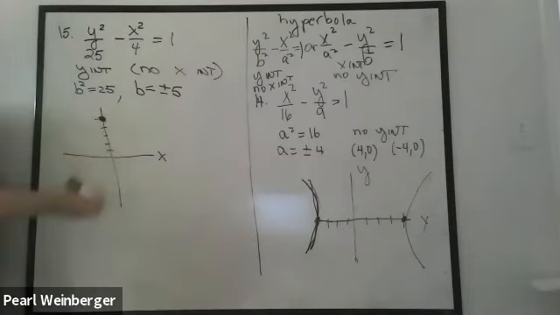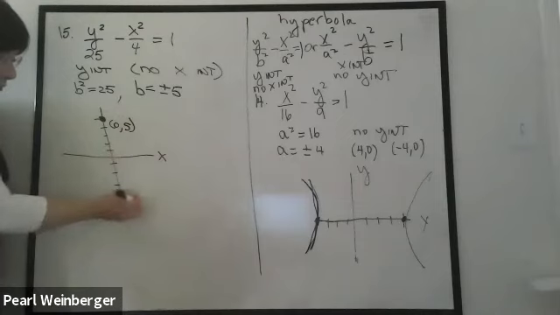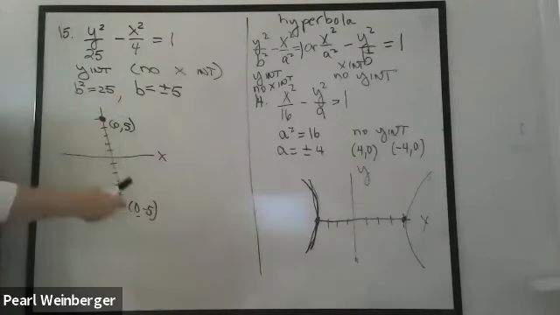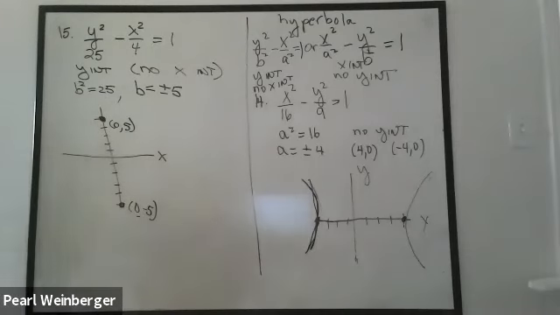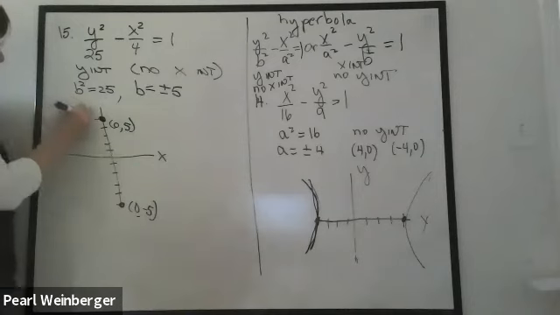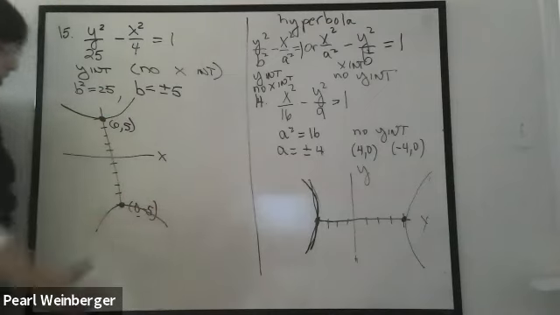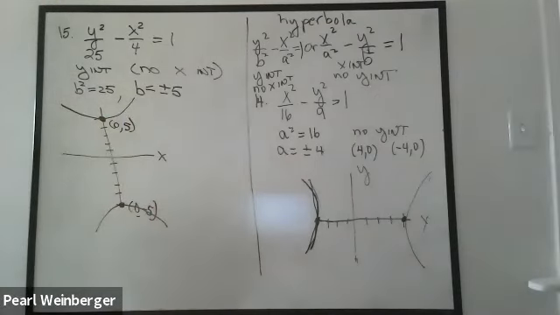In other words, this intercept is the point 0, 5, and this is 0, -5. Remember, y-intercept always has its x value being 0. And again, we have these two facing away graphs, these two opposite, but now they're crossing the y-axis instead of the x-axis.